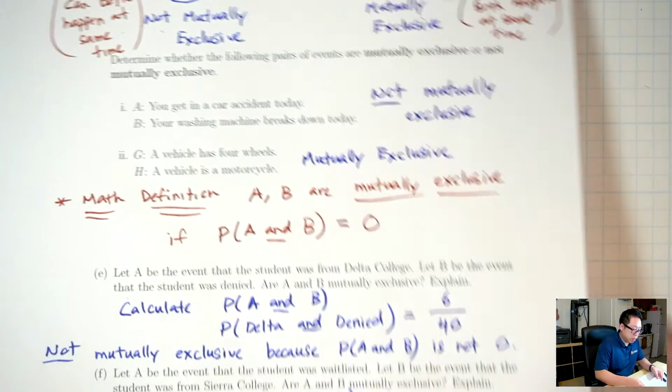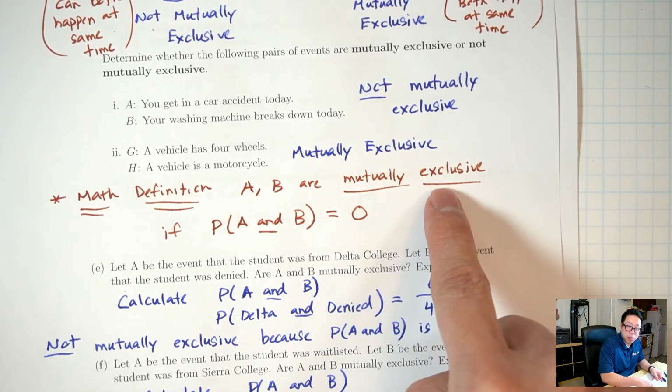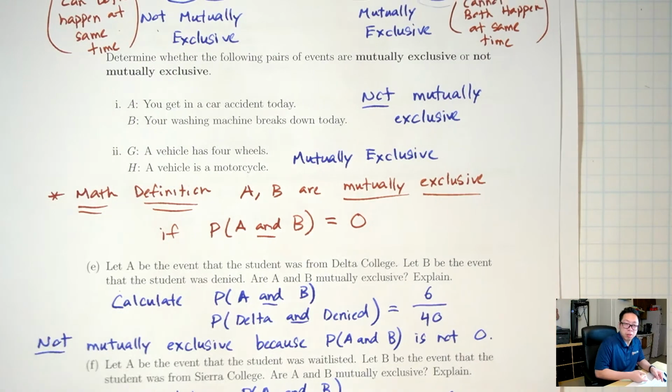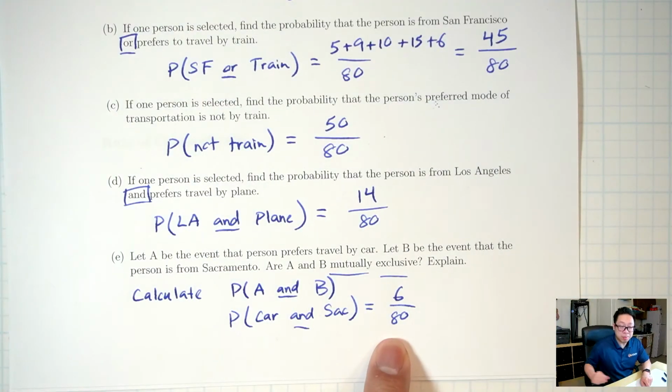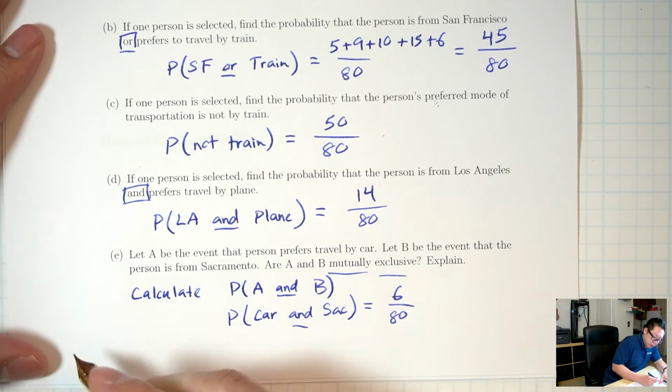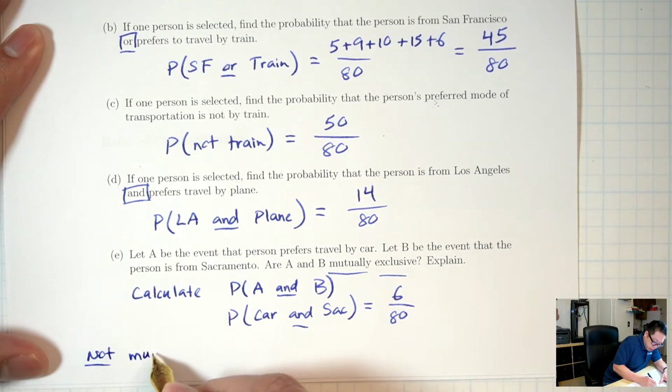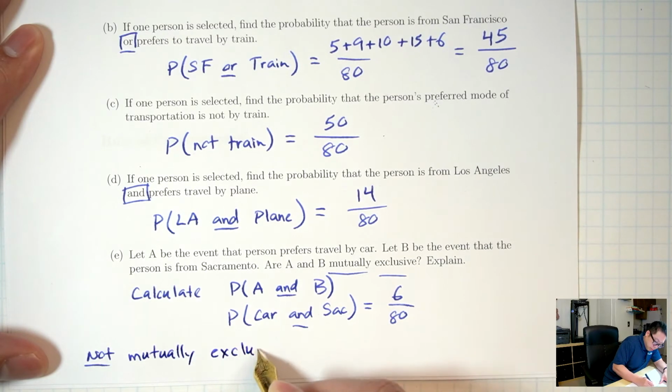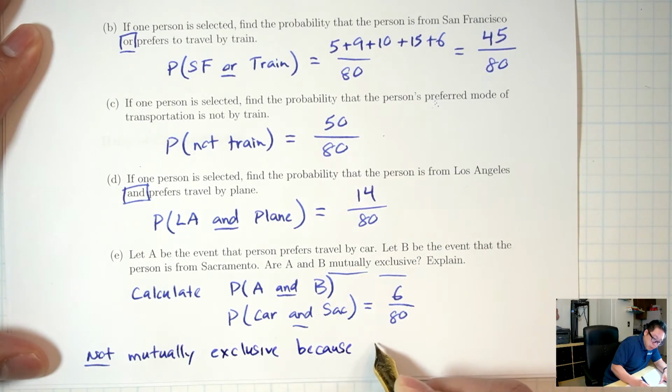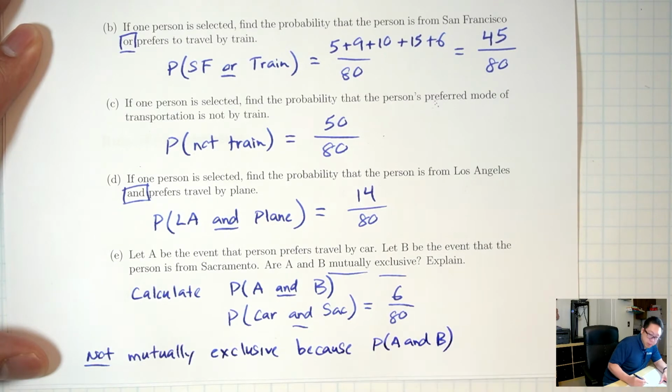If it's 0, it's mutually exclusive. If it's not 0, it's not mutually exclusive. 6 out of 80, definitely not 0. Okay, so our conclusion is that it's not mutually exclusive. Because when we calculated the and, it was not 0.